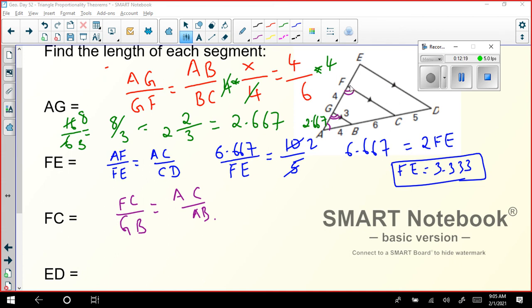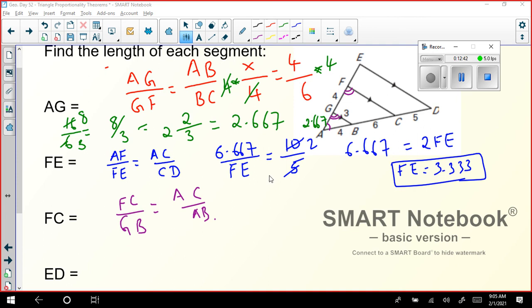I can write FC over GB. These are the sides corresponding to the two arcs and no arc. FC over GB will be equal to, pick any other side which has been given, AC over AB. And now let's substitute and simplify.